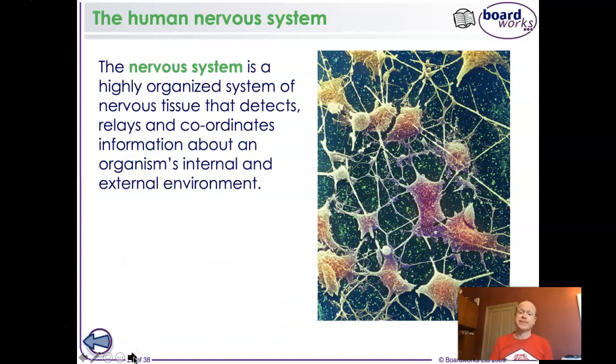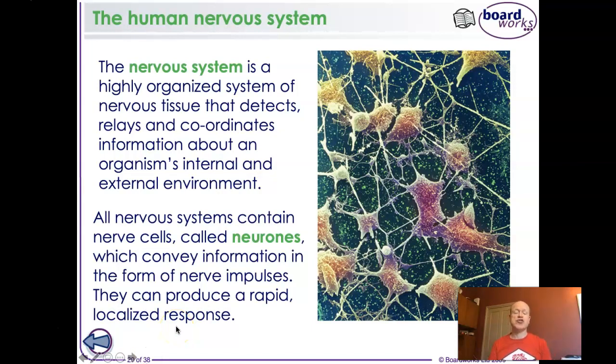The nervous system, much quicker. We're talking milliseconds for a nervous system response. They detect, relay, and coordinate responses around your body. And again, the neurons, the nerve cells, are the things which transfer the information from one place to another. Remember, there is an electrical impulse that is traveling from one place to another.